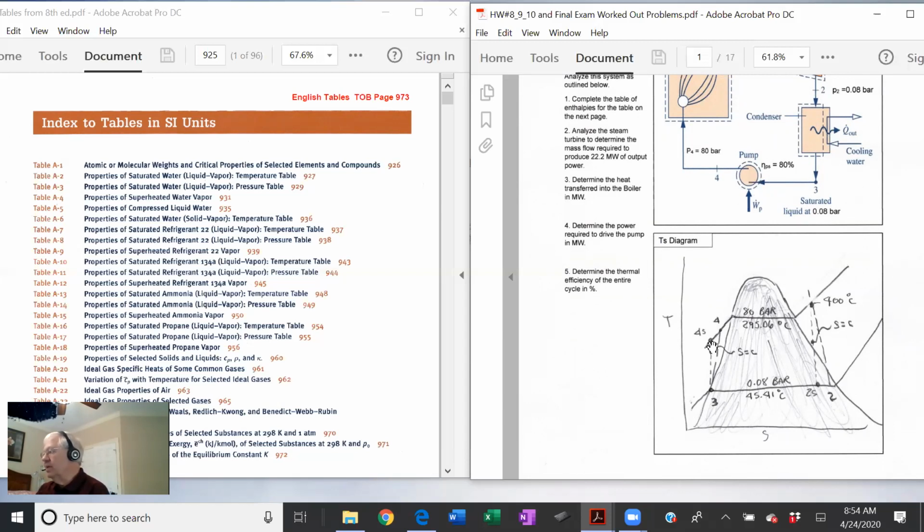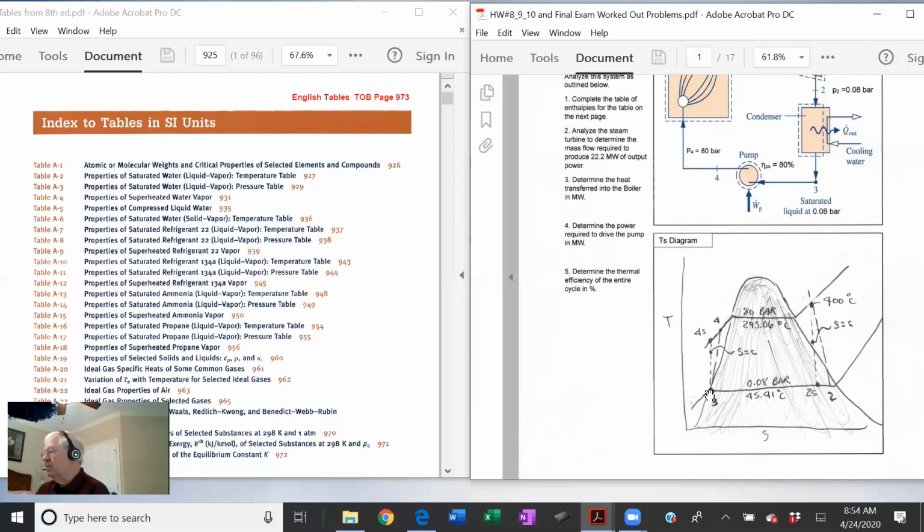We're given up here that our high pressure is 80 bar, so we draw our 80 bar constant pressure line. And by the way, this is a temperature-entropy diagram. So now we know our low pressure. We look down here, the pressure coming out of the turbine, which is constant going through the condenser, is 0.08 bar.